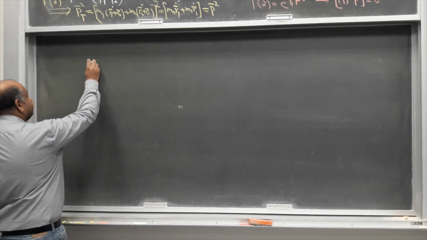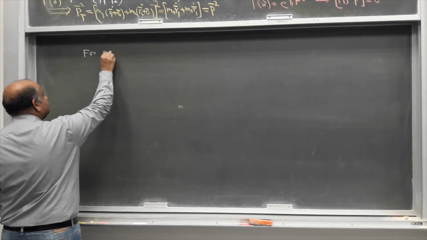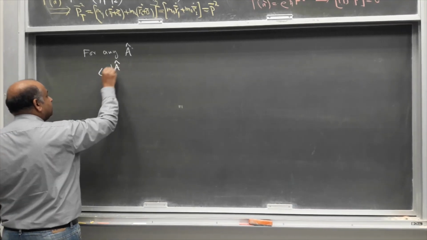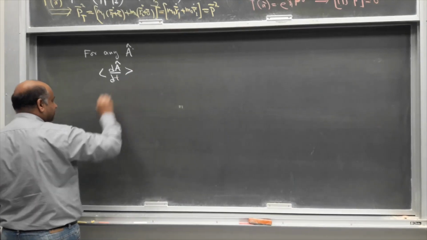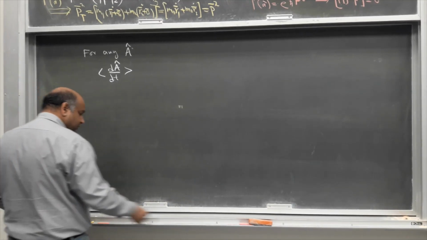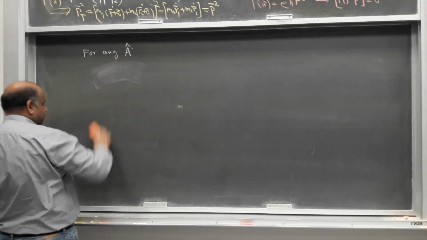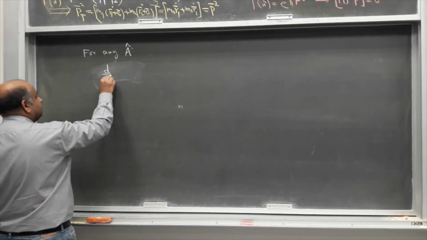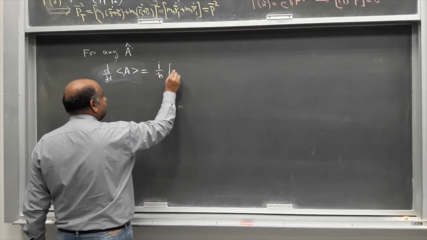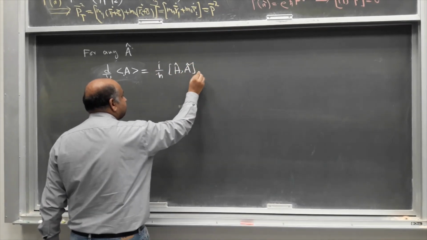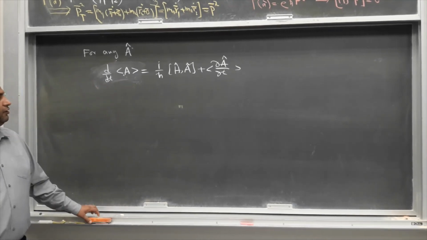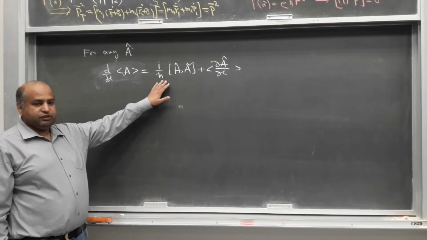For that, recall that for any operator A, the time rate of change of the expectation value of this operator is given by this expression, which we can show from the Schrodinger equation that this relation is true.